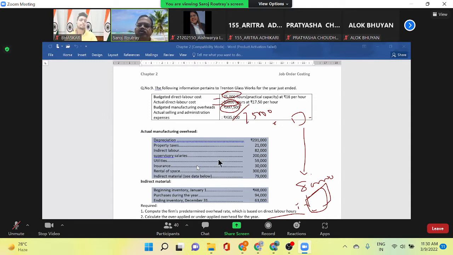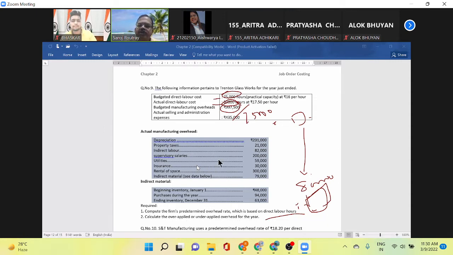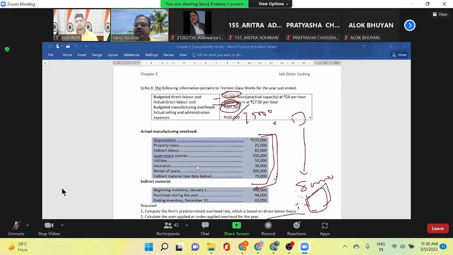For doing all the jobs during the period, you have consumed 80,000 labor hours. So for every labor hour, you apply the manufacturing overhead at your POHR. That is the total manufacturing overhead applied, and this is the total actual manufacturing overhead incurred. Applied and incurred, you have to compare to find out whether it is over applied or under applied.